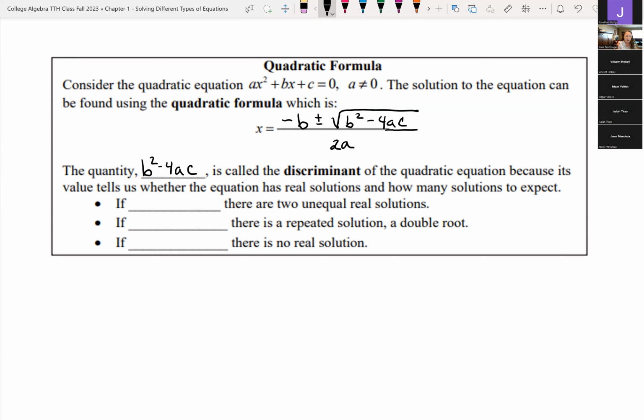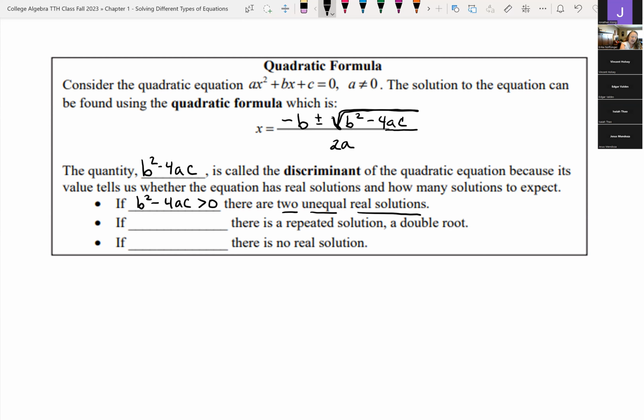If b squared minus 4ac is bigger than 0, then we can say that there are two unequal real solutions. Which makes sense because what you have underneath the radical is a positive number. And so we'd have negative b plus or minus the square root of that positive number.